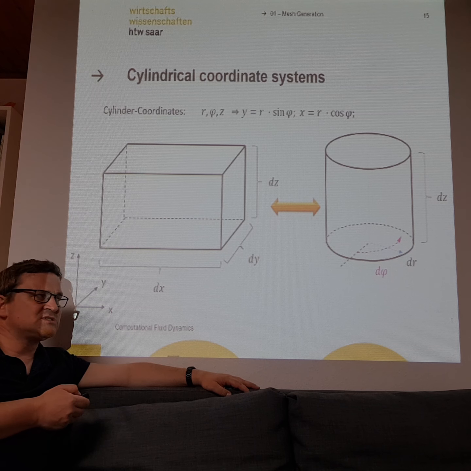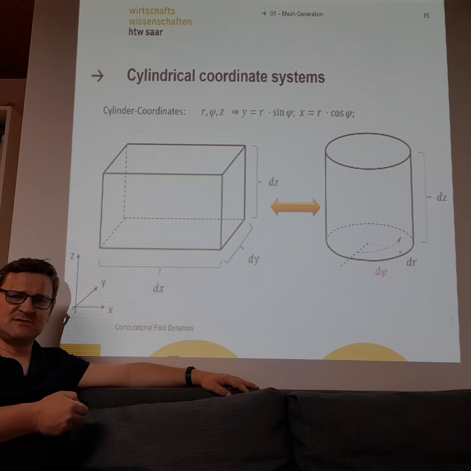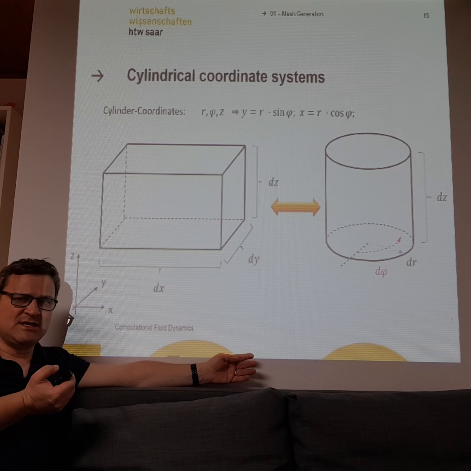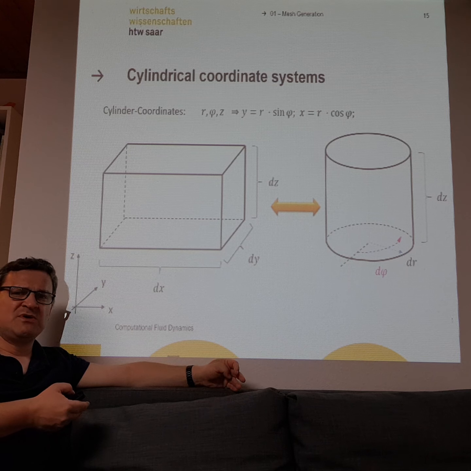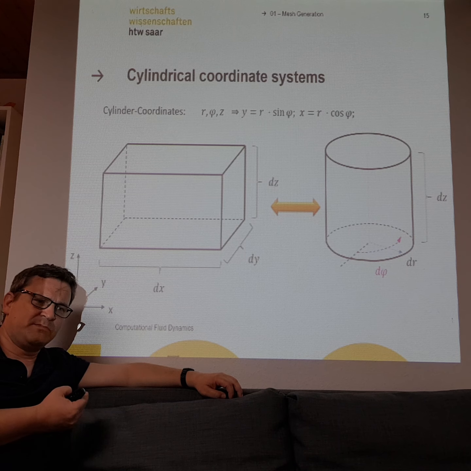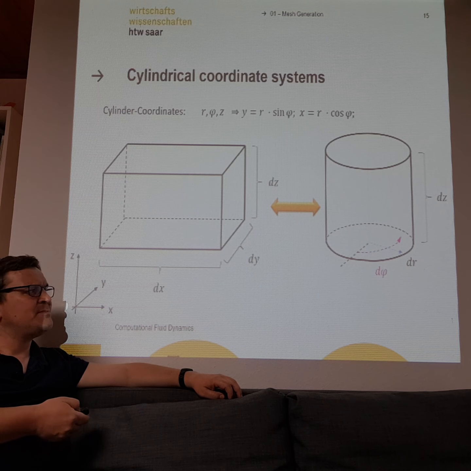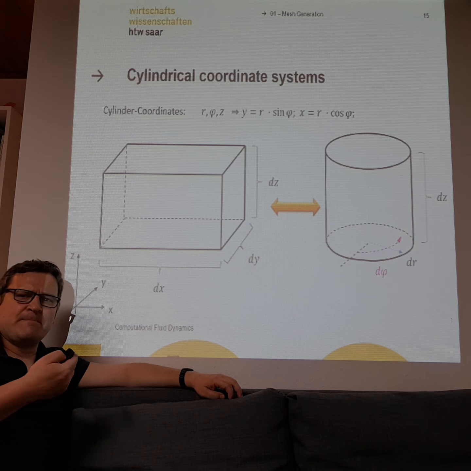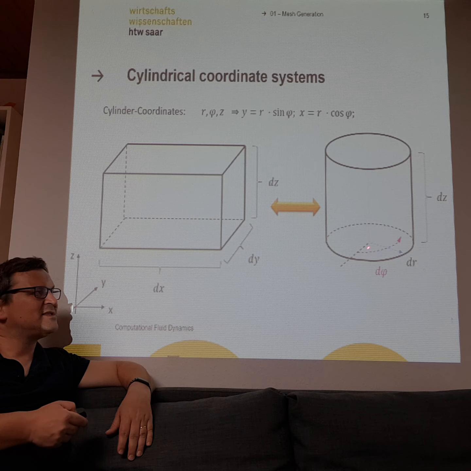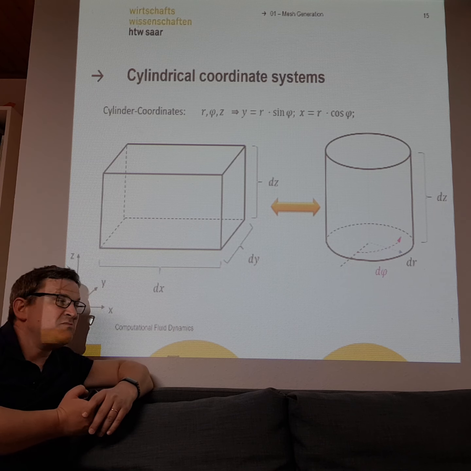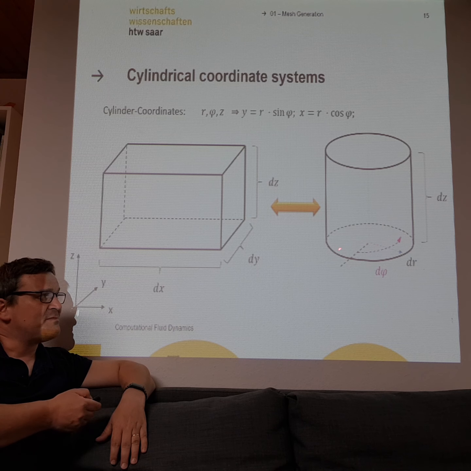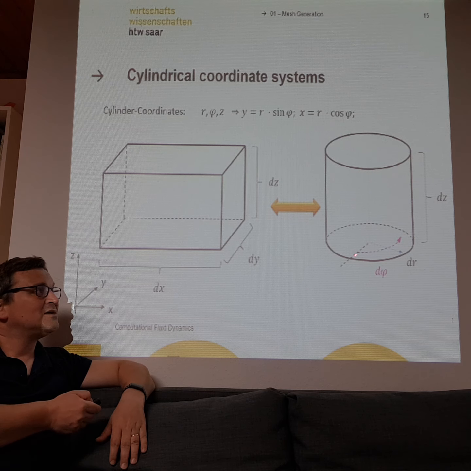Why did we use so many cylindrical coordinate systems in the past? Has anyone an idea? I can tell you, because many fluid flow problems have something to do with pipe flow. And if you want to make a model for a pipeline or a water pipe, then it's really good to take a cylindrical coordinate system, because we can describe the mathematics really easily inside a pipe with cylindrical meshes.